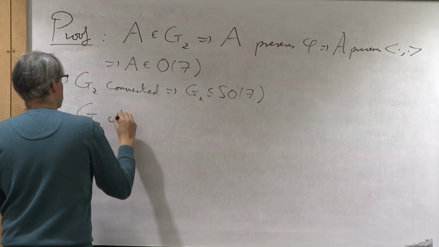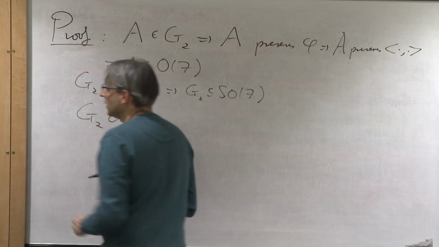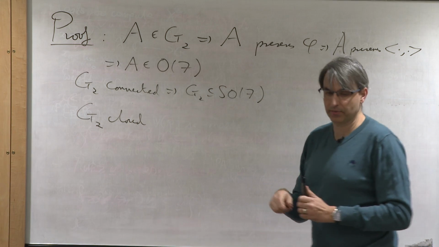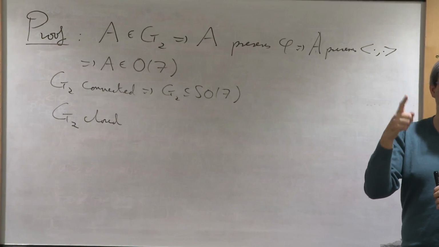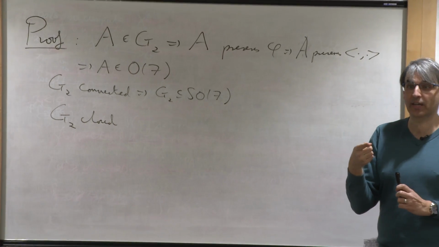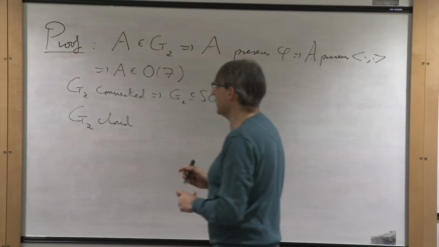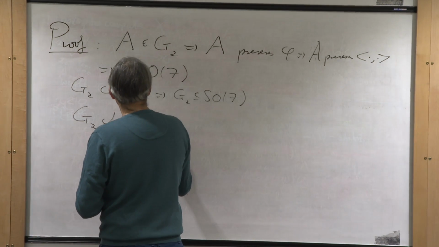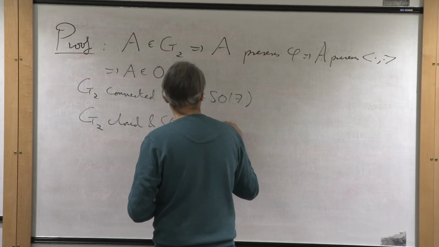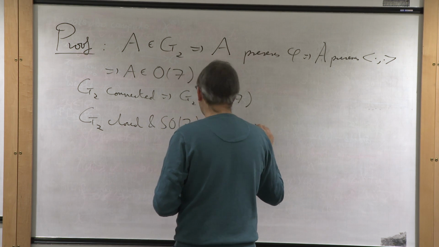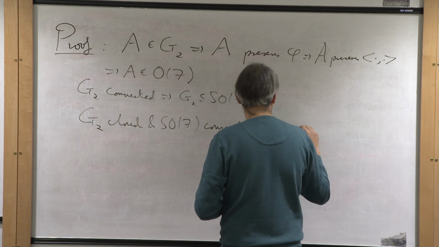Now, G2 is closed because it's a stabilizer. If I have some sequence, I can take the limit and it will stay in the stabilizer. So G2 is closed and SO7 is compact. That means that G2 is a compact embedded subgroup.